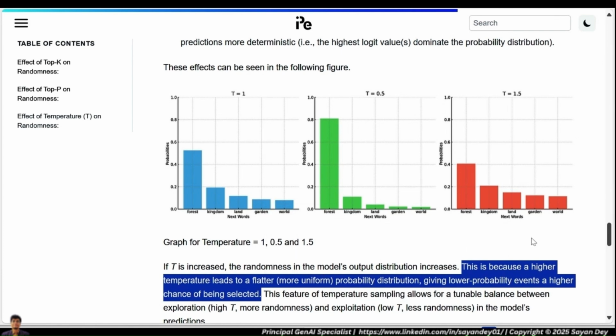I think this pretty beautifully explains what we are trying to do. Here the word forest was extremely likely, so most of the time the word forest will come. But as you increase the temperature, you increase the variability. Even the less probable words like world and garden, which otherwise would never have made it to the output, now have equal probabilities.